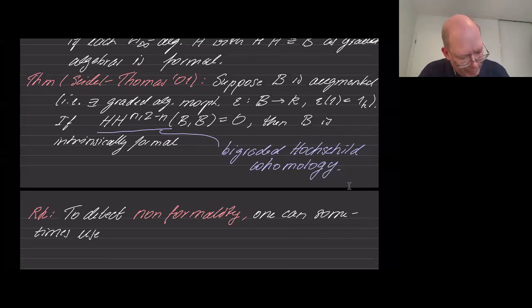So-called Massey brackets. Okay, suppose for simplicity that A is a DG algebra.